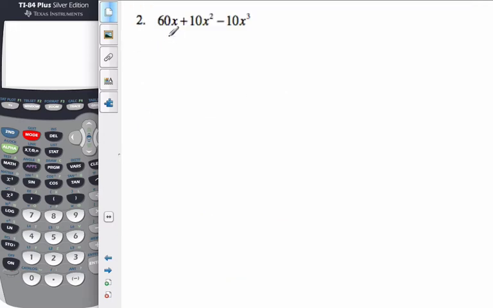So, we look at these terms here, and lo and behold, I get 60x, 10x squared, and negative 10x cubed. They all have a factor of 10x. So if I pull out 10x from here, I have 6 plus x minus x squared.